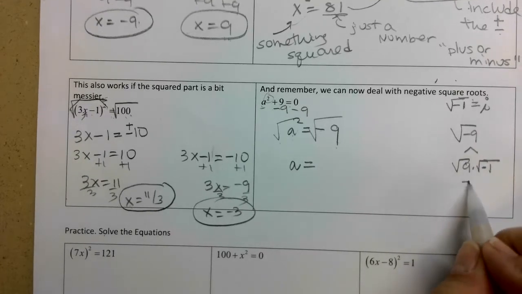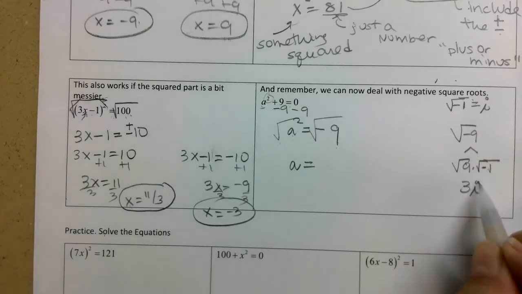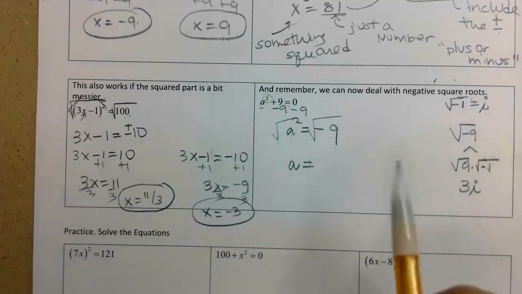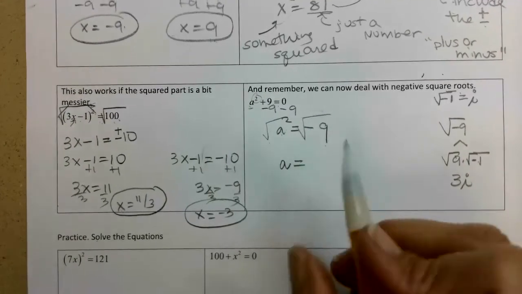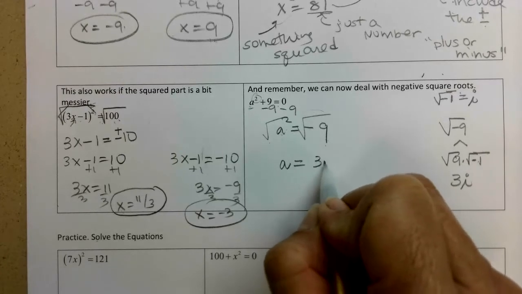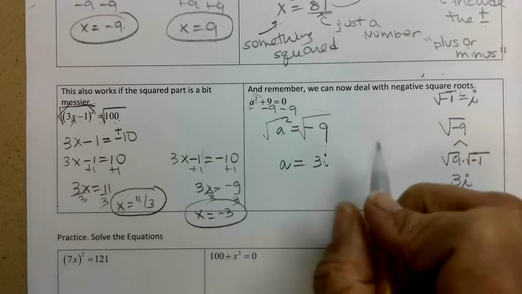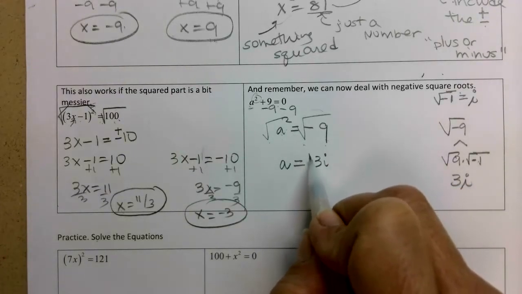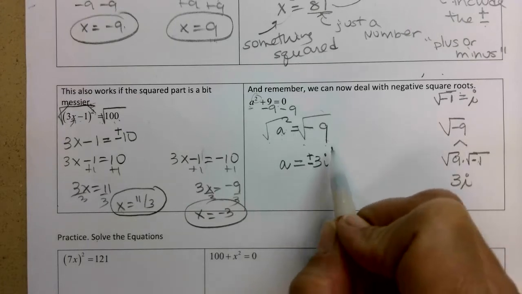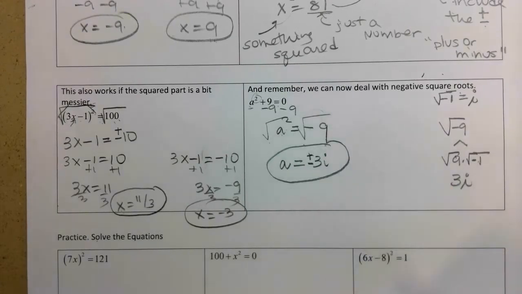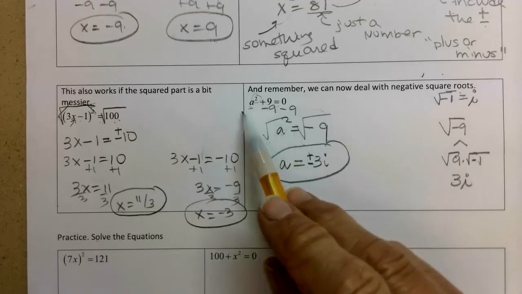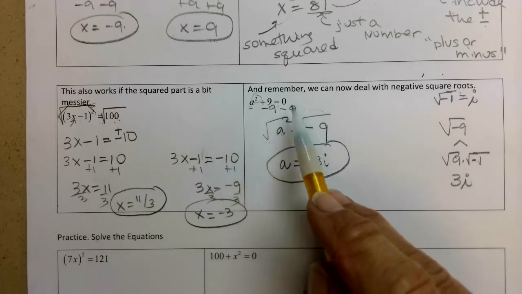Square root of positive 9 is 3. Square root of negative 1 is i. So come back over here, square root of negative 9 is 3i. And then remember, we just took the square root of both sides, so plus or minus. Okay, so plus or minus 3i is the solution to the equation a squared plus 9 equals 0.